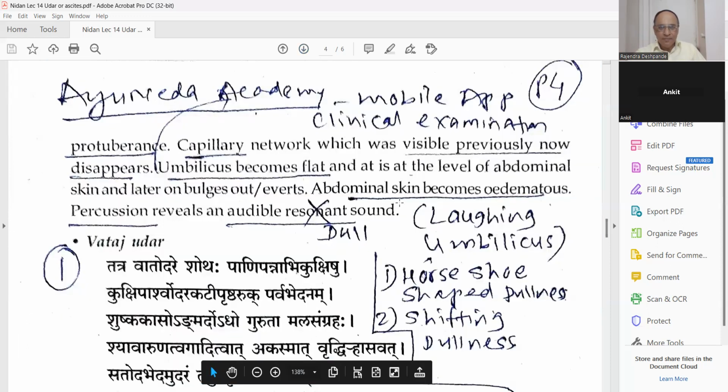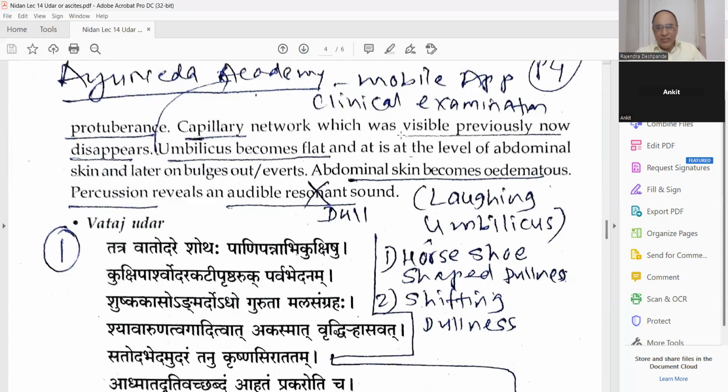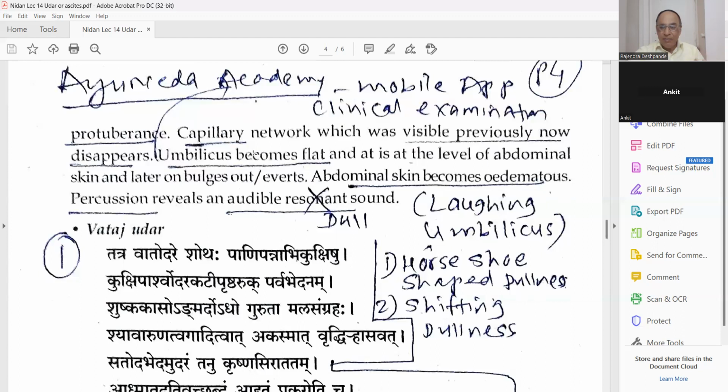Now, can you see, the capillary network which was visible previously now disappears because a lot of fluid is there. The umbilicus becomes flat. Can you write down all these things? Dr. Deshpande has self-written some notes. Laughing umbilicus is a characteristic feature of the umbilicus in ascites.